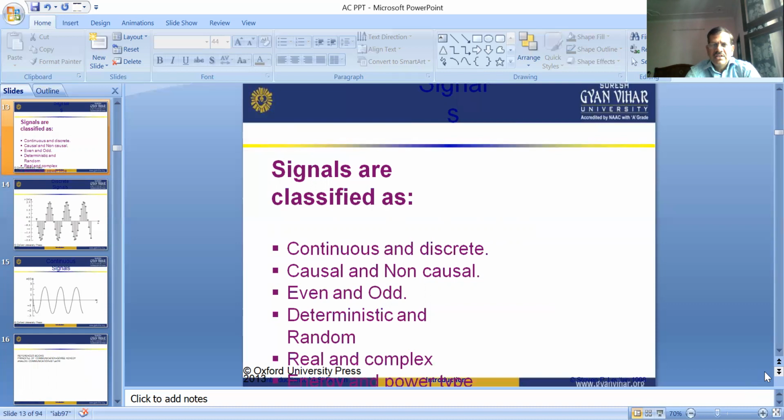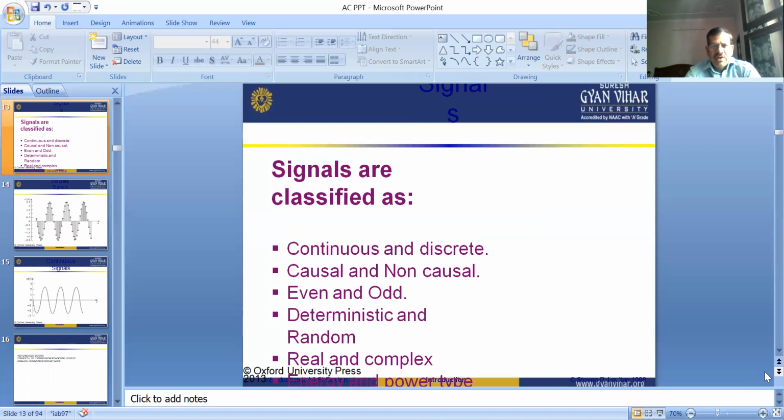Discrete signal or digital signal is the same thing. In a discrete signal, we break the analog signal into different discrete parts as per frequency or time slotting. So there are continuous or analog and digital or discrete signals.